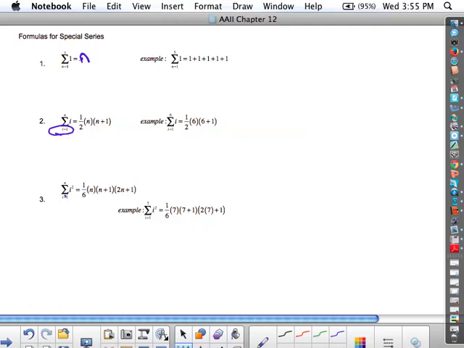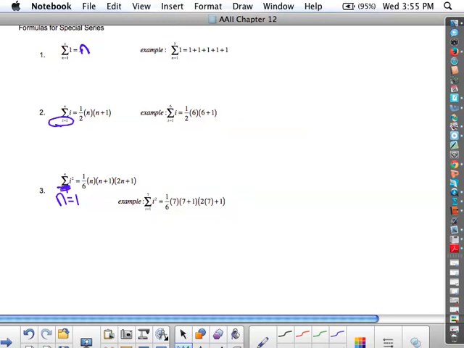And this should be an N as well. This should be N equals 1. Let me make sure all those are correct. So as you see, your index of summation variable should match the formula variable. I think they're all correct now.